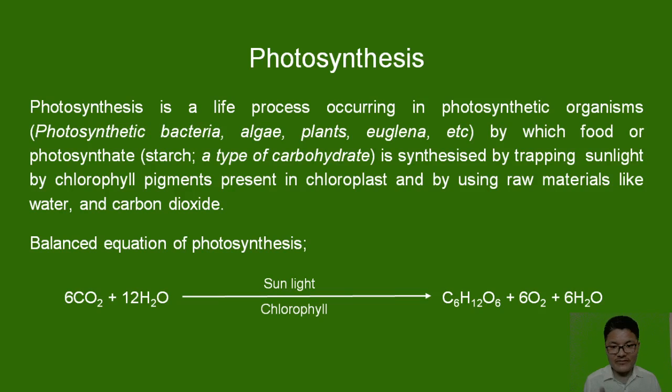Likewise, we have some other living organisms which are photosynthetic and which can't survive without photosynthesis. So photosynthesis is one of the major life processes by which food of the plants, that is, long branching chains of glucose units, called starch, is formed.